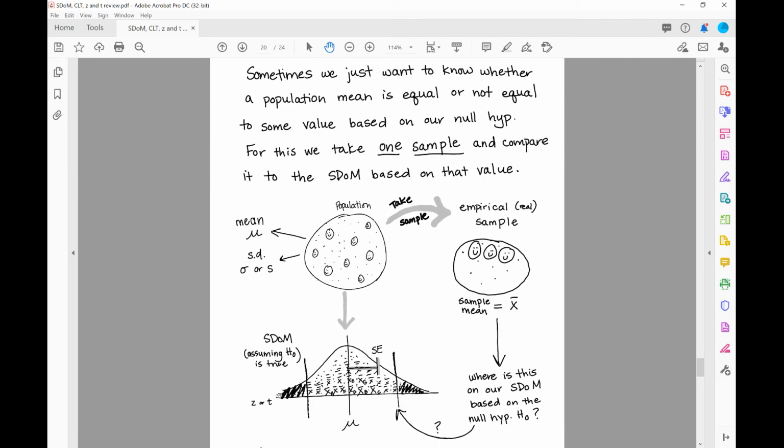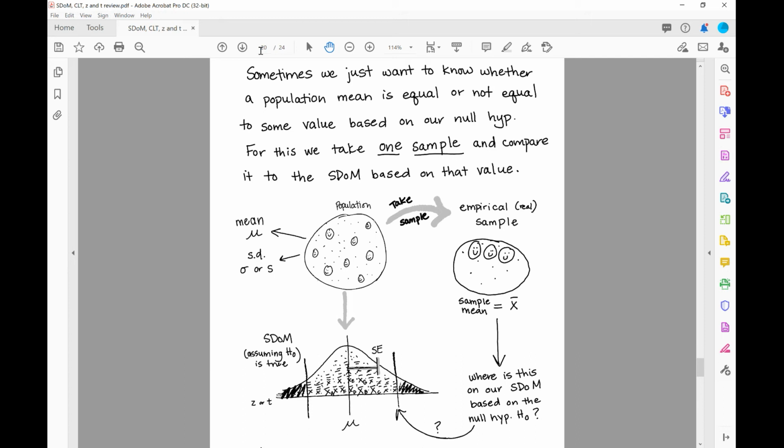Now, sometimes we just want to know whether a population mean is equal or not equal to some value. And that value is based on our null hypothesis, right? It's equal to 100 or it's not equal to 100. Or it's equal to 0 or it's not equal to 0. We figure out what that value is according to the null hypothesis, and we use that to build our SDoM and then to test.